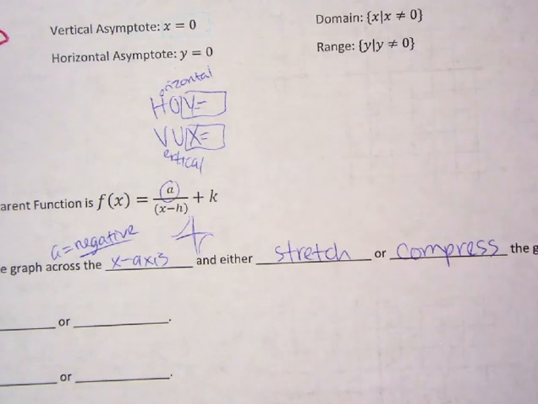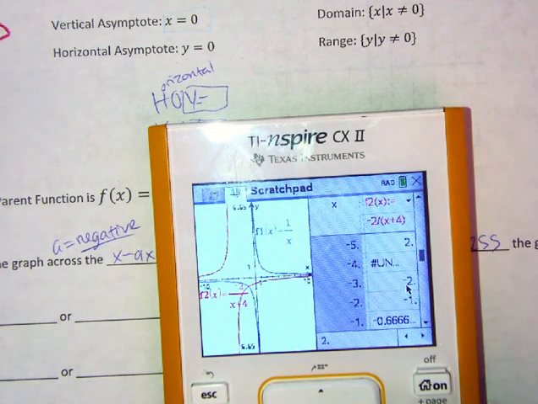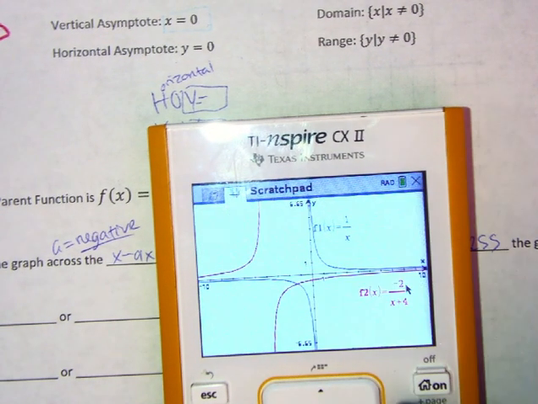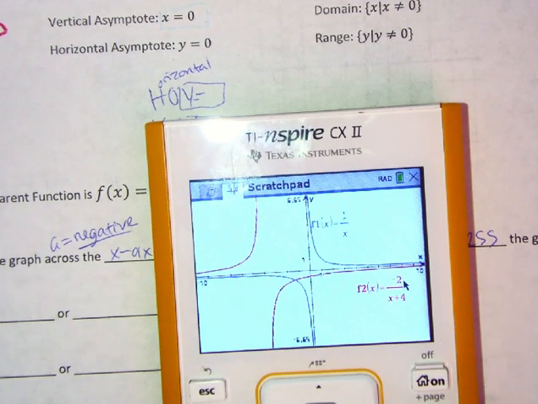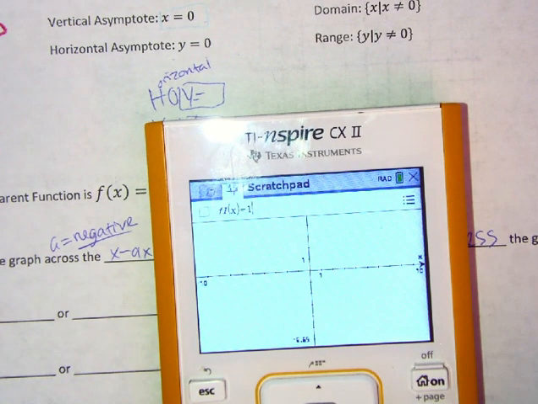One way you can see that is whenever you graph it in your calculator. You graph the original equation, the parent function technically, 1 over x, and then you graph another example where the a value is not 1, it's any other number than 1.